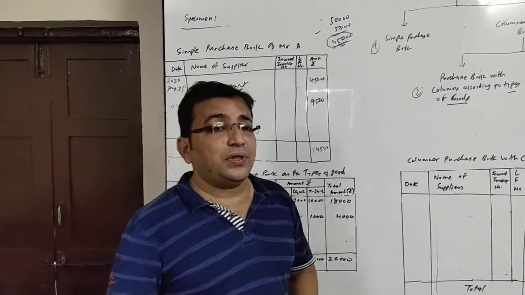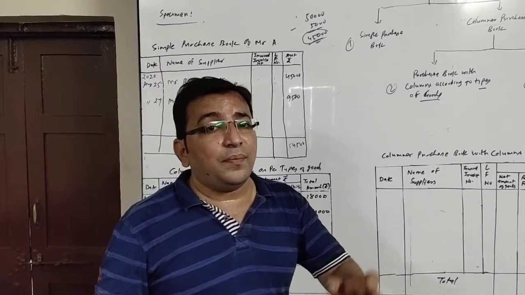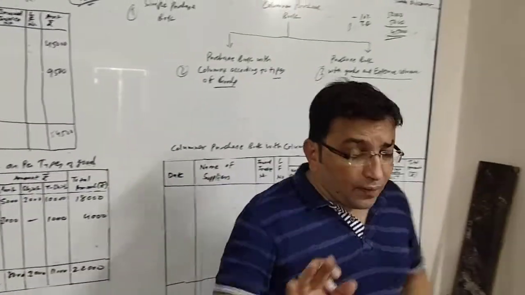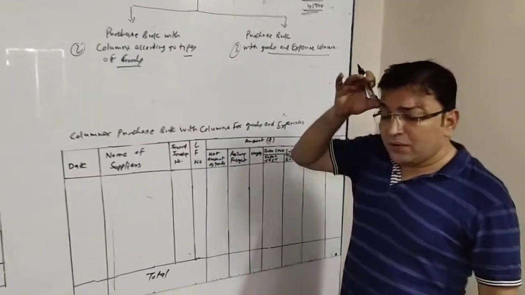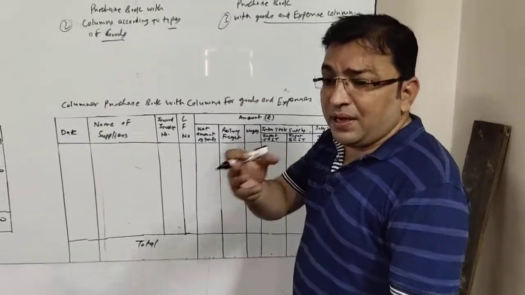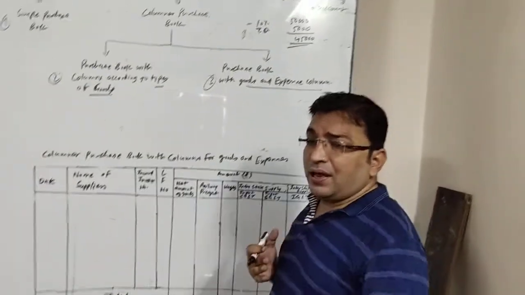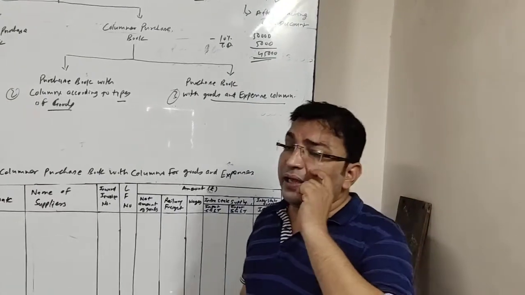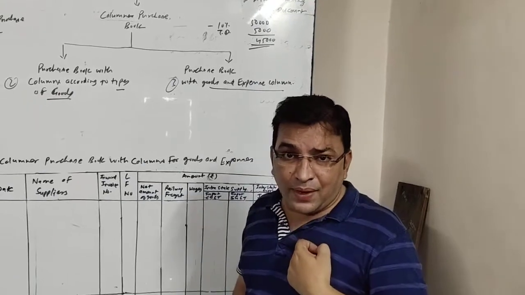Okay, let us move to the next book, which is the columnar purchase book according to goods and expense. We know that at the time of selling goods, the supplier is paying some expense on behalf of us and he is recovering it from us. Suppose the supplier is sending goods of ₹10,000 to us, and for that he is paying ₹1,000 on our behalf.